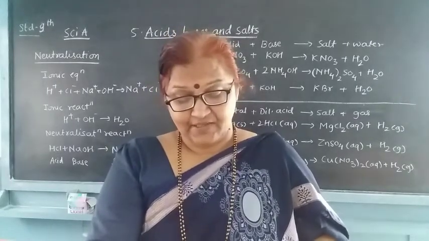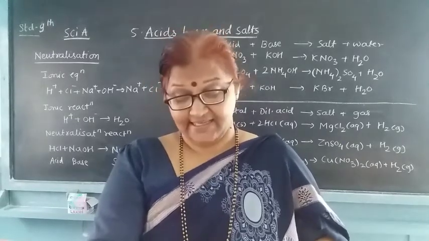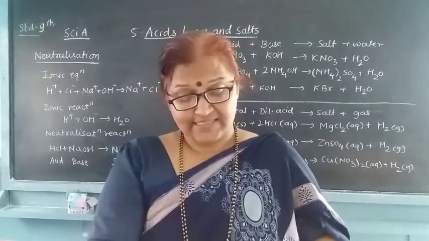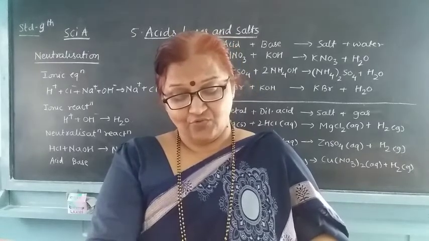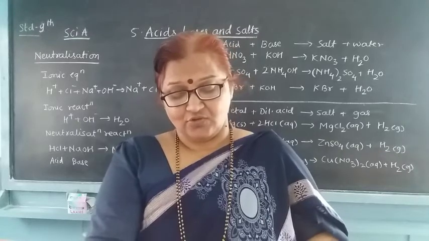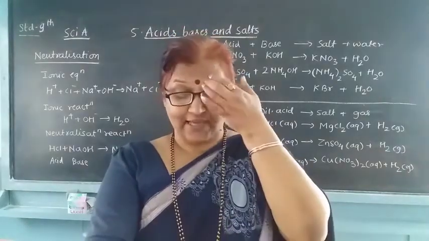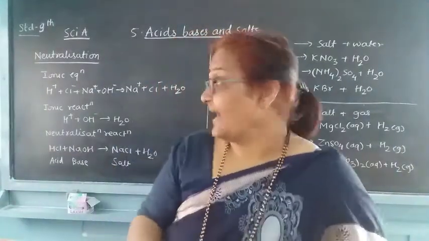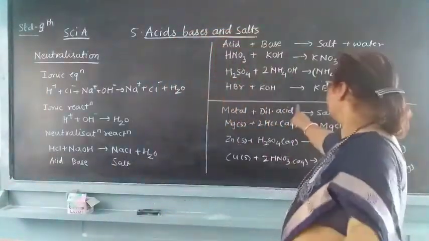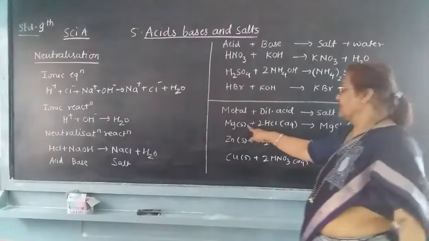Then see, at the same time the metal is converted into a basic radical, which combines with the acidic radical from the acid to form a salt. So see what happens when metal reacts with dilute acid: it forms a salt plus gas, as I have given here.